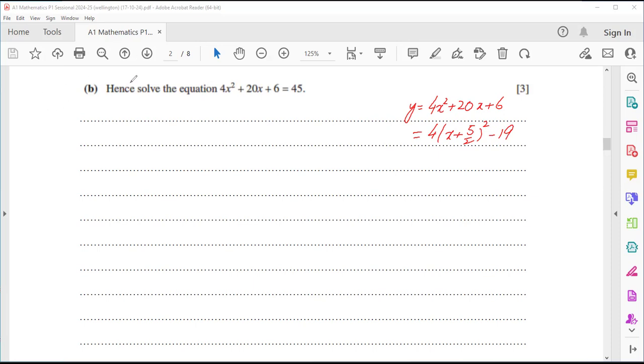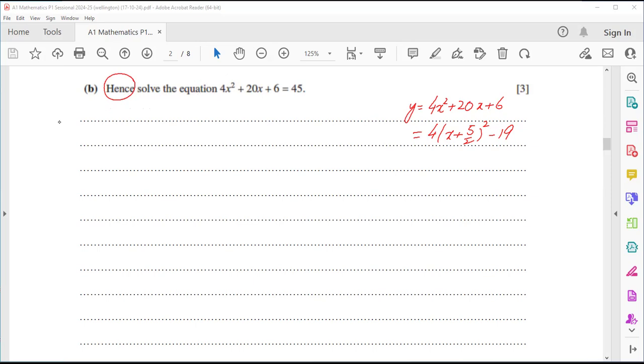Remember that when we have the word hence, this means you have to use the result of the previous part. No doubt this is a quadratic equation. You can solve with the help of the factorization method as well as with the quadratic formula. But in this case, the examiner wants the solution by using this method.